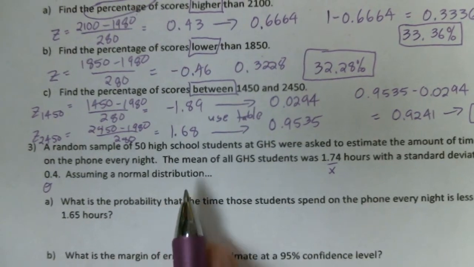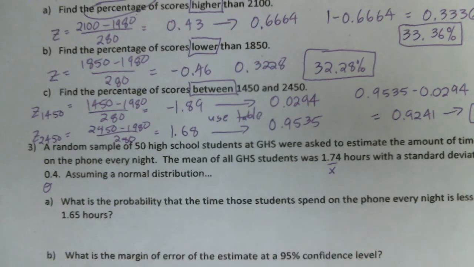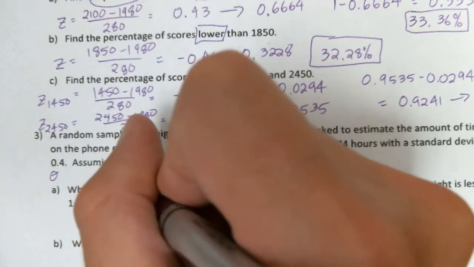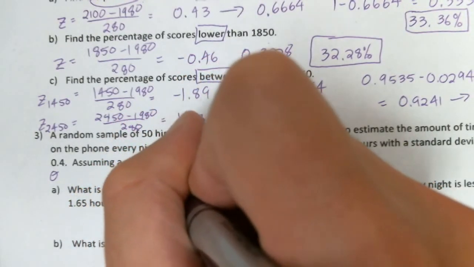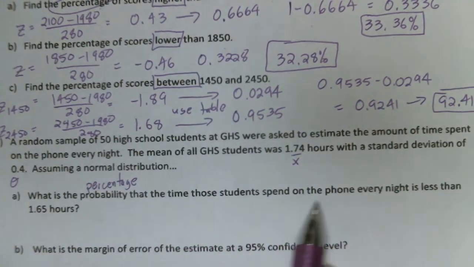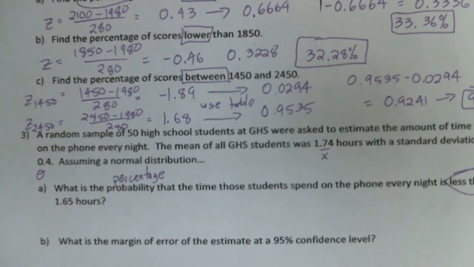Assuming a normal distribution, guys, none of this stuff works, not a lick of it, if the bell curve is not in play, if it's not normally distributed. The empirical rule is out the window, z-scores, all that stuff's out the window. What is the probability? That just means percentage. What is the percentage that the time those students spend on the phone every night is less than 1.65 hours?